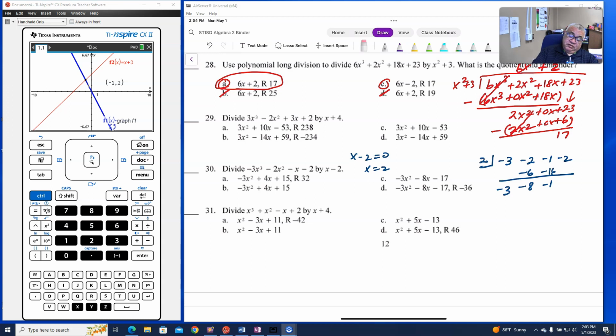-1 plus -16 gives you -17. Is there anyone that has a remainder of -26? Okay, so we're going to have to look at this again. 2 times -17 is -34.